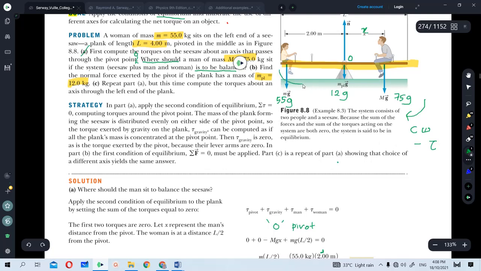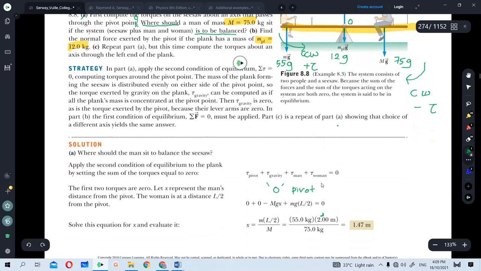She will rotate the plank in the counterclockwise direction, and therefore she will provide a positive torque. Recall that torque individually is a product of r F sine theta.